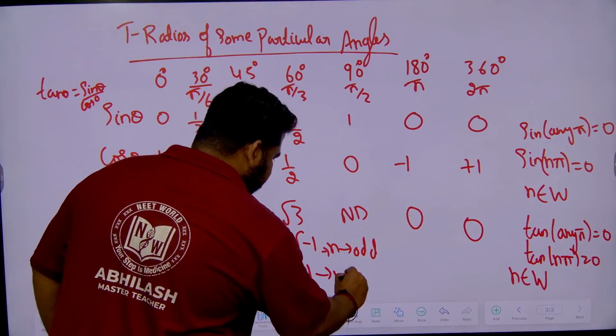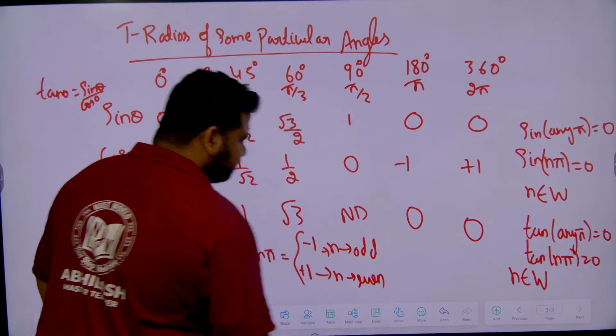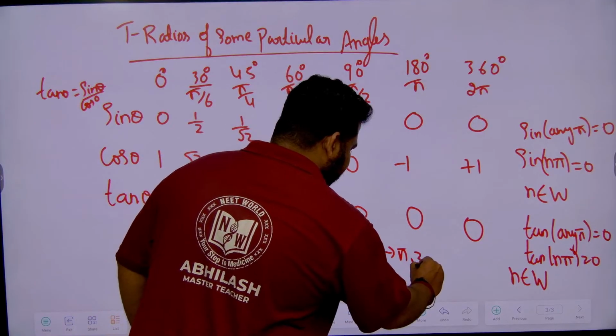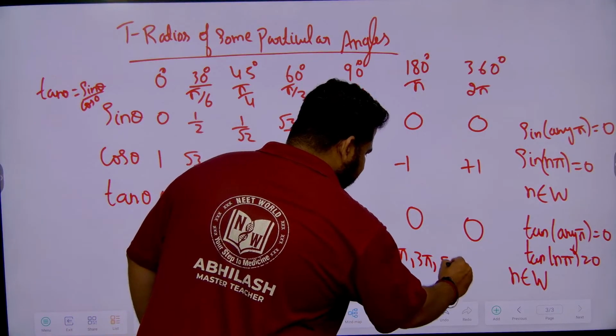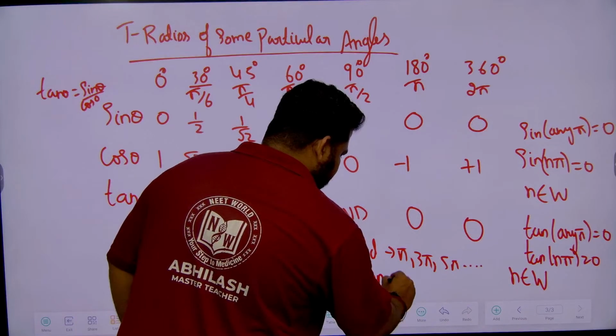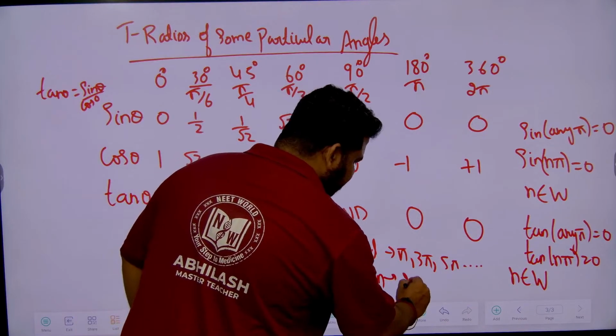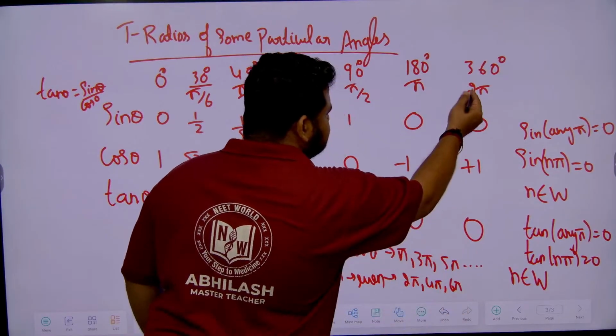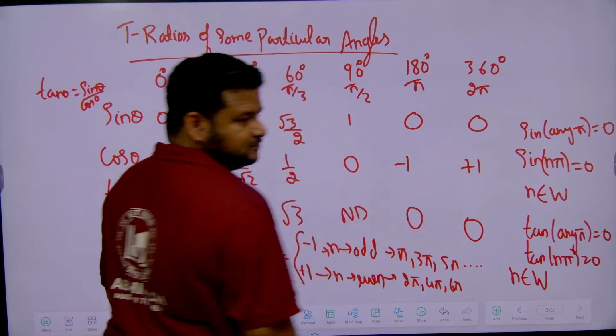When n is odd, it means pi, 3 pi, 5 pi, like that. When n is even, it means 2 pi, 4 pi, 6 pi. So see, 360 degree is 2 pi, so I should write +1 here.